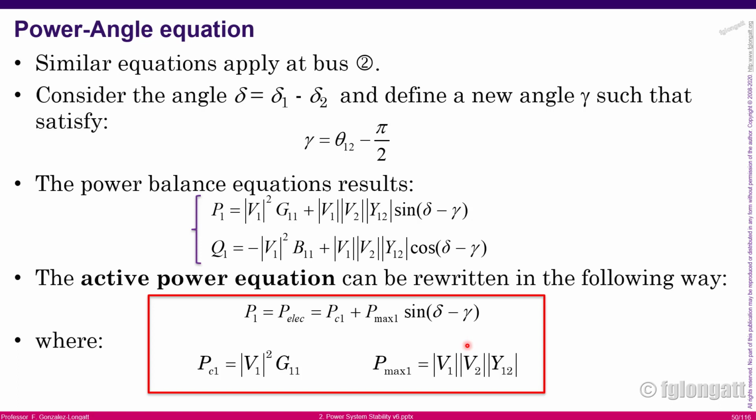Okay. What I need you to understand is that at the end, the power balance equation is telling me that the electrical power that the generator supplies has mainly two components. One related with some losses that later we will say the system is lossless and that component will disappear.